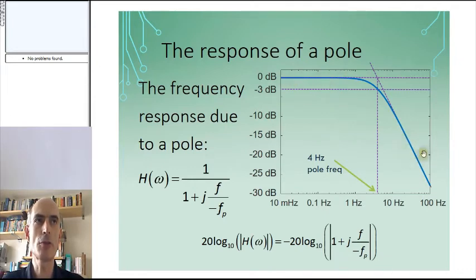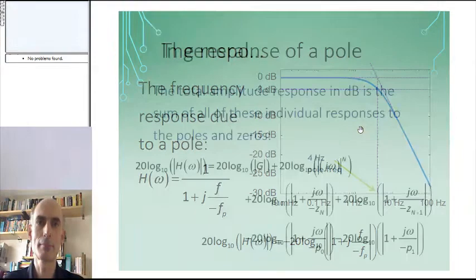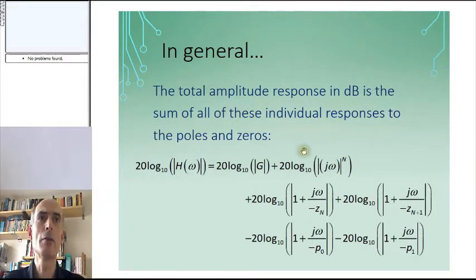High frequencies, above the break frequency, it causes a decrease in the amplitude response of minus 20 dBs per decade of frequency. And around about the break frequency of the pole, it introduces a curvy bit in the response curve. And we've seen that we can express the total amplitude response in dBs as the sum of all of these terms due to the zeros and the poles and the gain.